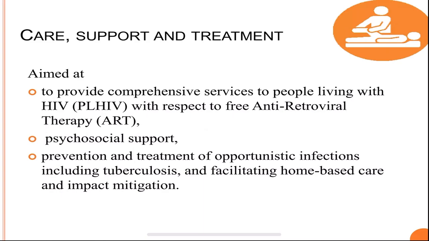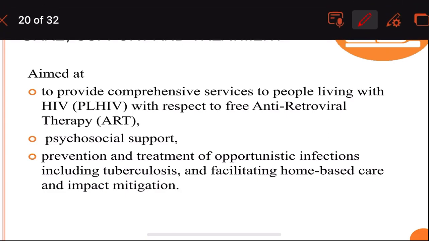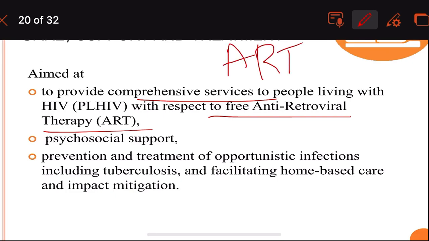Moving to the care, support and treatment. It is aimed to provide the comprehensive service to people who are living with HIV. For the people who are living with HIV, we are giving them prompt comprehensive services. With respect to free antiretroviral therapy, we are giving a free ART.